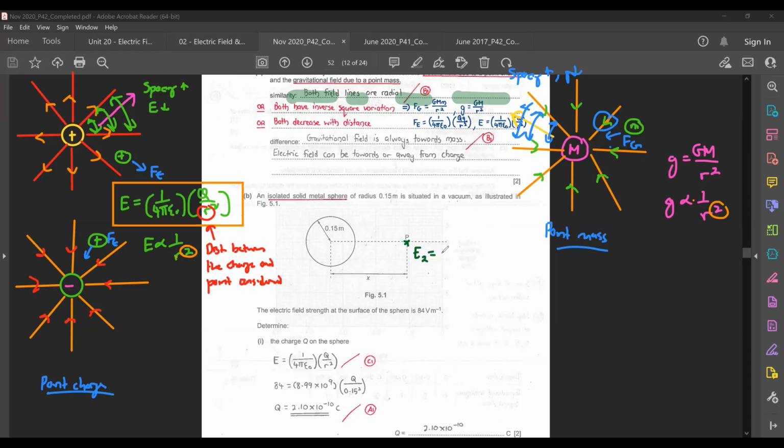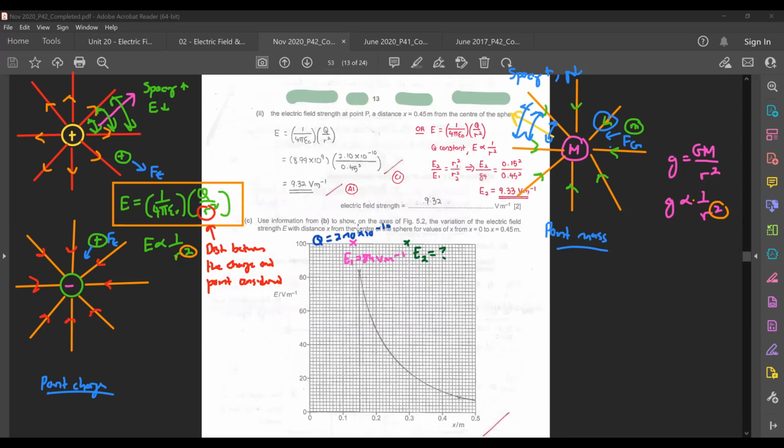Let's just call this E2. Previously, they already told you the field strength at the surface of the sphere, say E1, which is 84 volts per meter. So they want you to find the new value of E2, given that you already found your main charge as 2.1 times 10 to the power minus 10 coulomb.